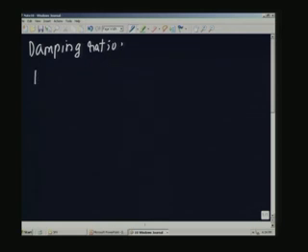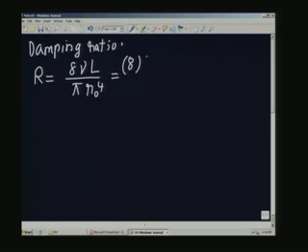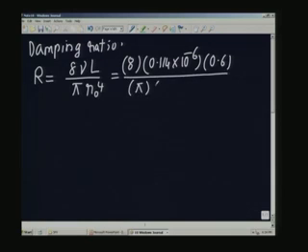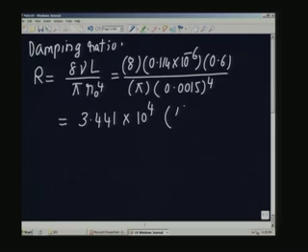The liquid resistance R is given by 8 nu L divided by pi R naught to the power of 4. 8 into nu, which is 0.114 into 10 to the power of minus 6, length 0.6 meters, divided by pi into 0.0015 whole to the power of 4. This is given by 3.441 into 10 to the power of 4, units 1 over meter second.